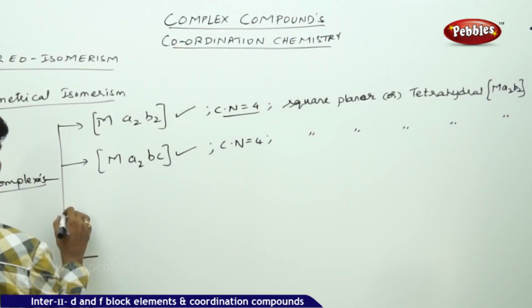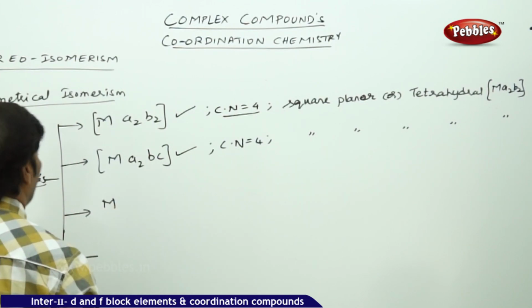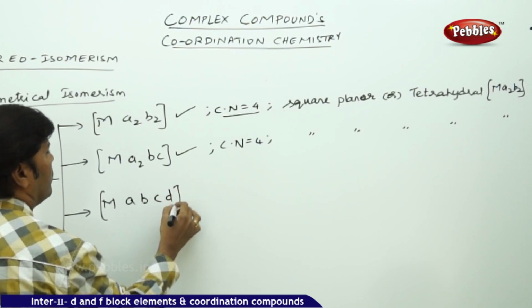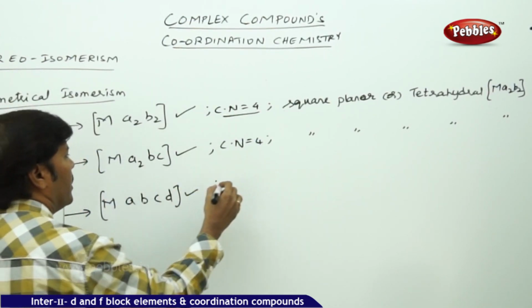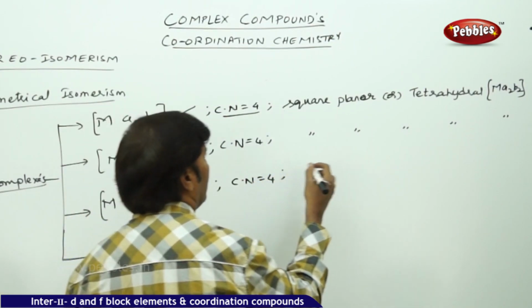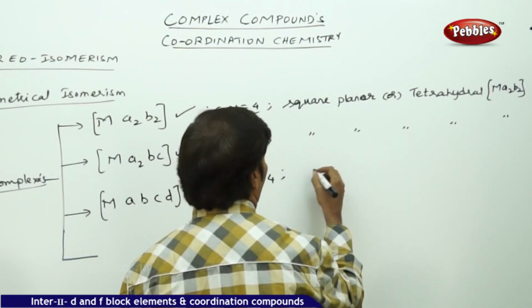Very rarely you can also find metal complexes with MABCD also giving geometrical isomerism, and coordination number is 4, and it can be tetrahedral.